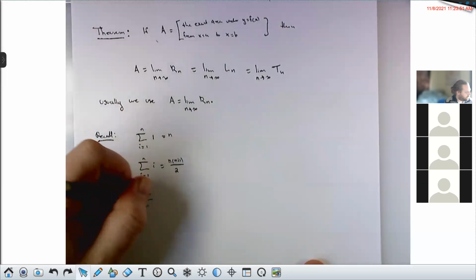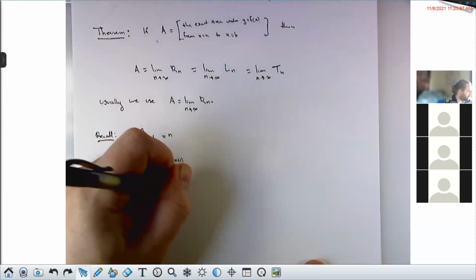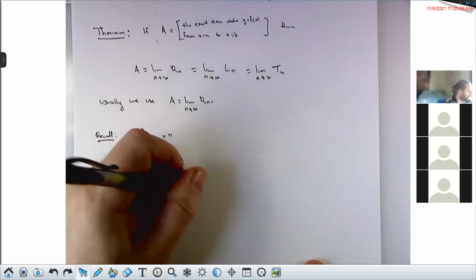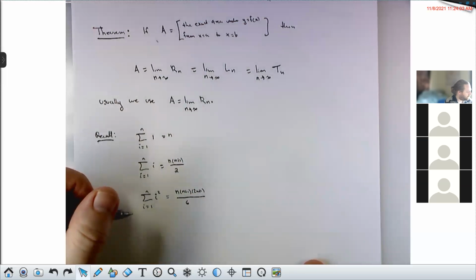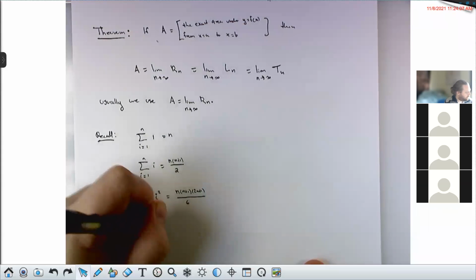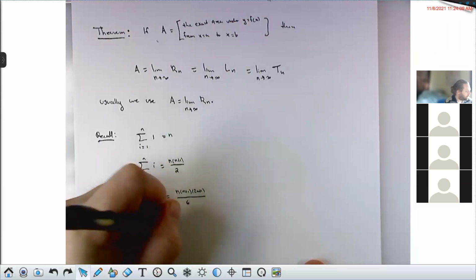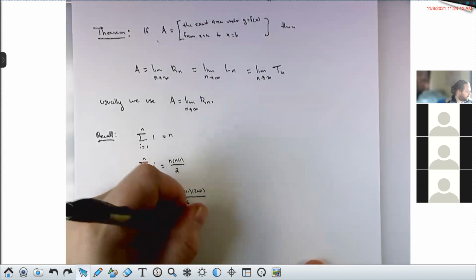The sum of i squared is n times n plus 1 times 2n plus 1 over 6. And the sum of i cubed is the square of n times n plus 1 over 2.